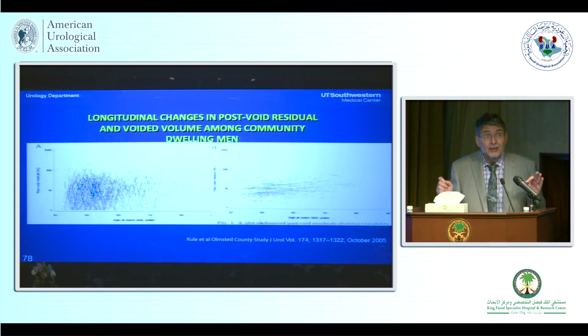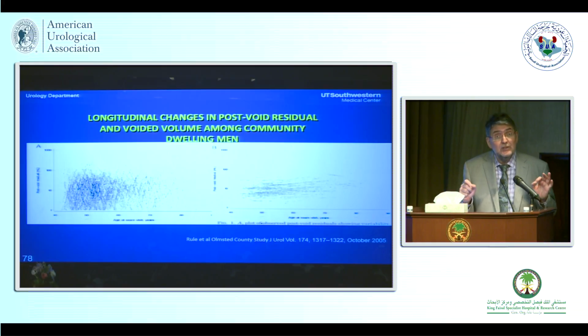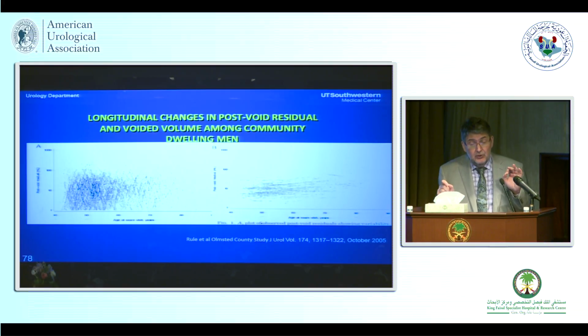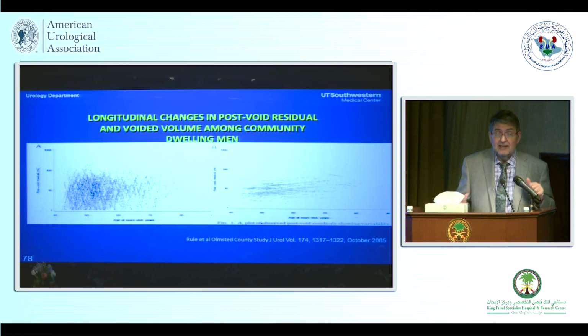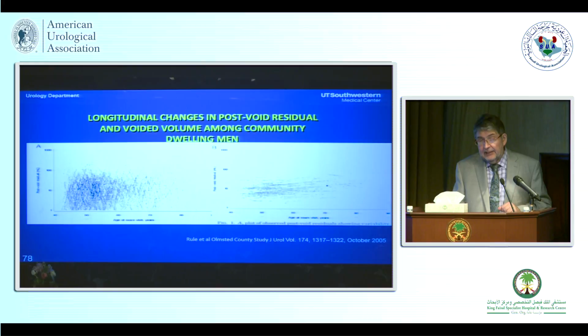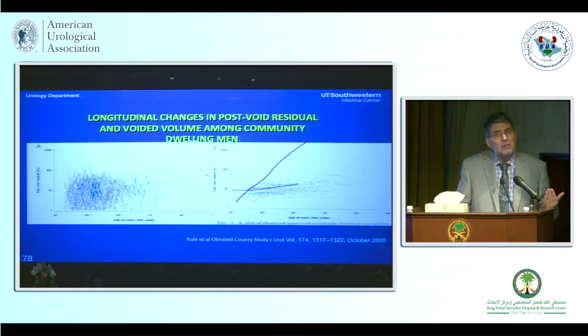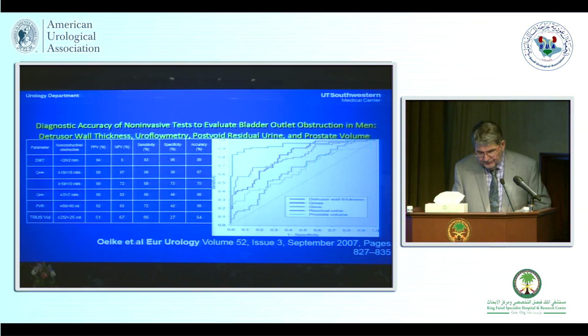And when you look at the only study that looked longitudinally at residual urine in the participants, you really come to realize that the changes in a single man over time, and this is this plot here in the Olmsted County study, is very small. It's like a cloud of dots, and they form a line, but the slope is not at all like that. The slope is very, very flat, with a very slight increase over time. So it seems as though in normal men, the increase in residual urine over time is very, very minimal.